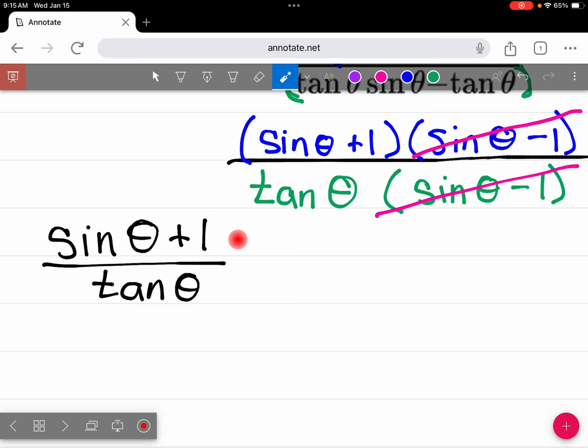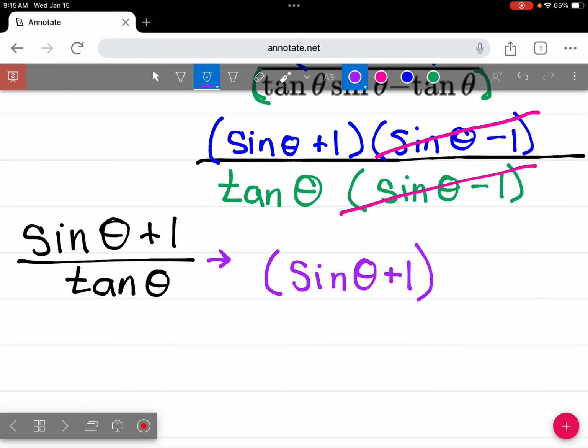So what I'm gonna do is switch our tangent up to make it be multiplying. So I'm gonna rewrite this onto a single line as sine theta plus 1 times, and to get tangent up out of the denominator, it's the reciprocal, cotangent.